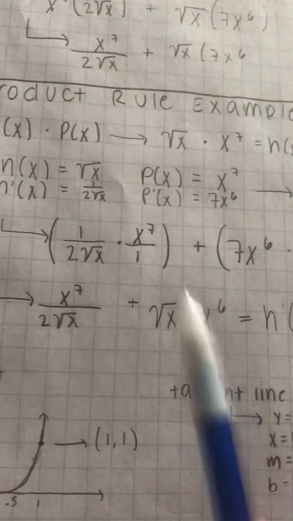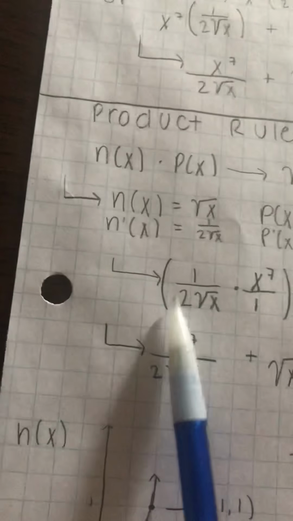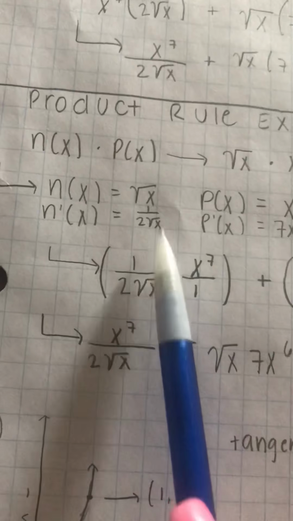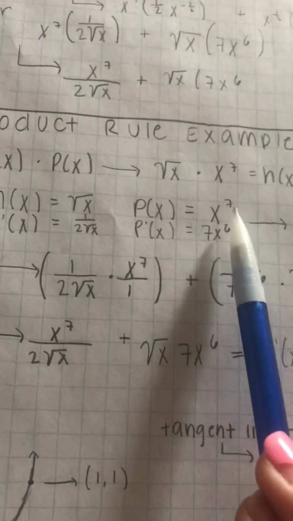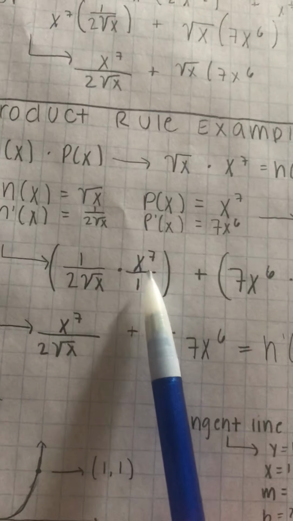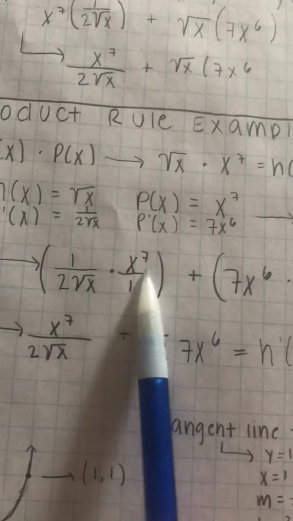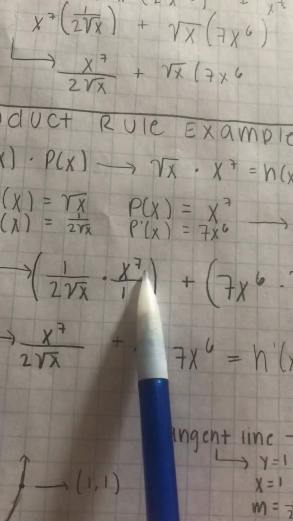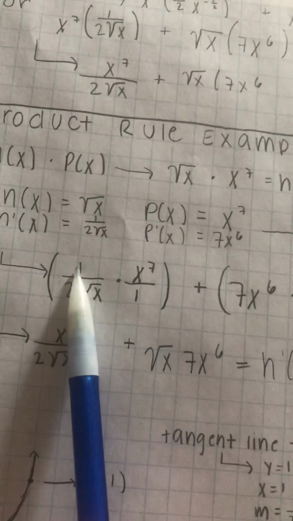So now that I have everything defined, I plug it all in. So my n prime of x is 1 over 2 root x, and my p of x is x to the power of 7. Since it's a fraction, I made x to the power of 7 a fraction over 1, so that way I can multiply across. X to the power 7 times 1 will be x to the power 7, so this can move over here.